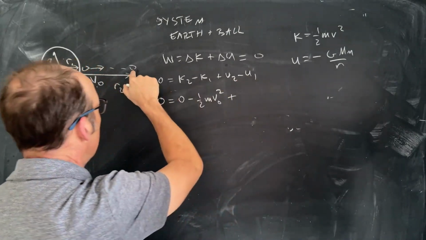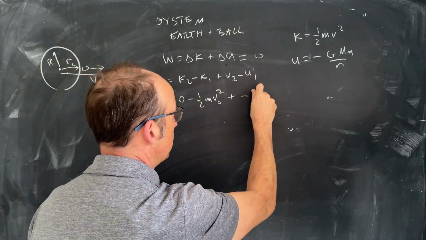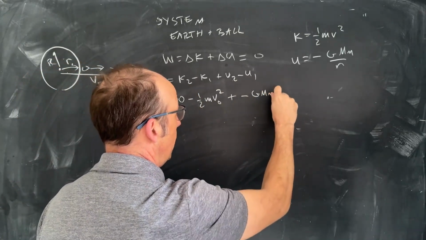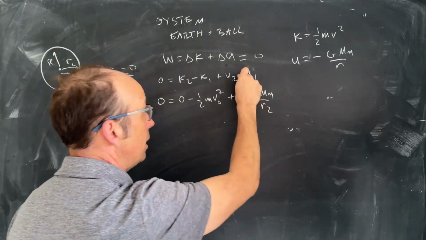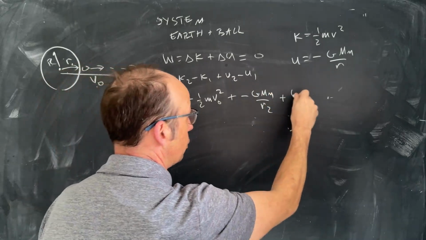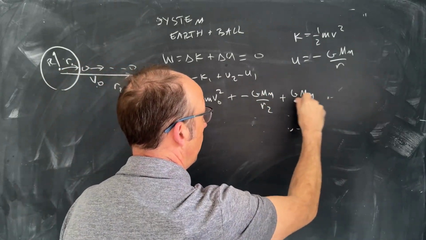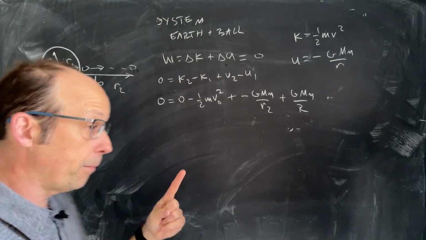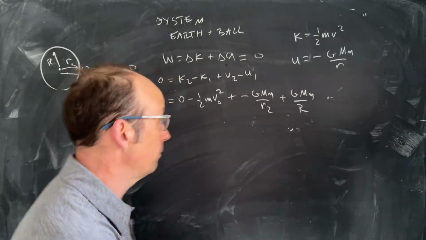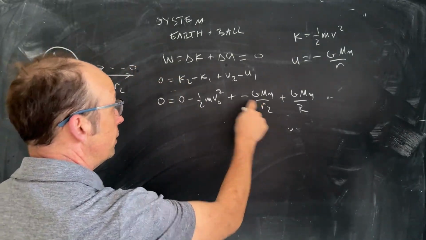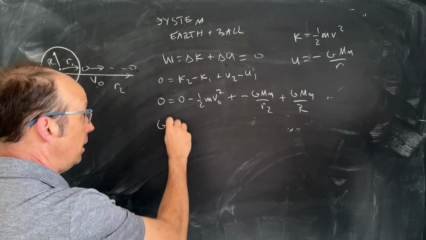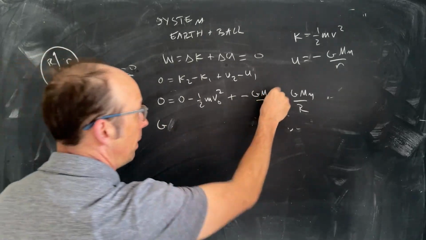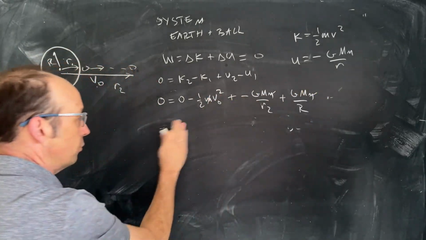u2 is going to be this position, so it's going to be minus GMm over r2, and then minus a negative, so plus GMm over capital R. That's where it starts. And remember, I'm trying to solve for r2. So let's move this to the other side. The little mass cancels. I told you it didn't matter.